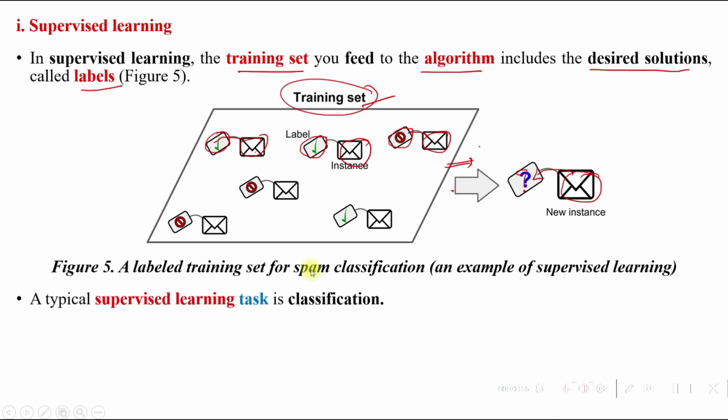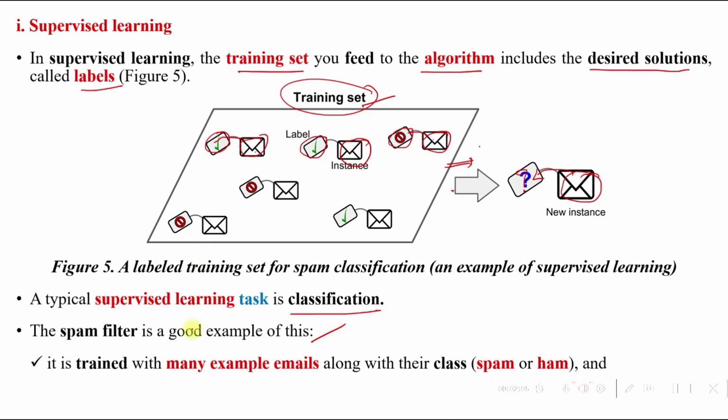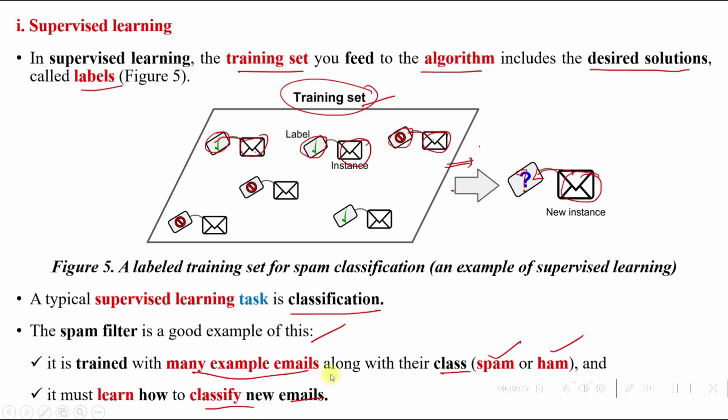So a typical supervised learning task is classification. The spam filter is a good example of this. It is trained with the help of many example emails along with their class labels like spam or ham, and it must learn how to classify new emails.